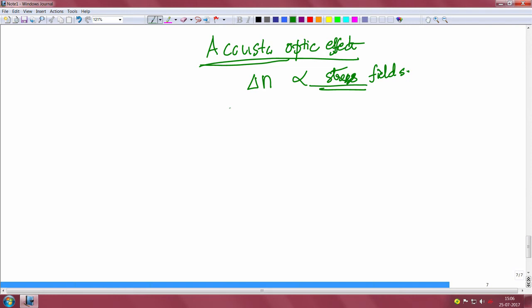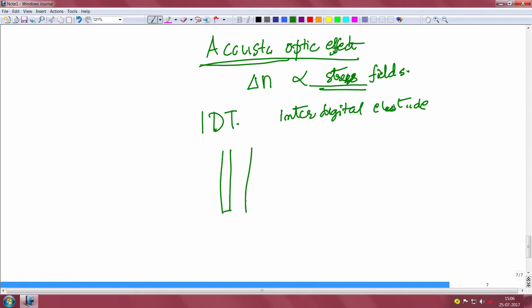One of the important ways that is done in acousto-optic devices is to use what is called an IDT pattern, an interdigitated electrode pattern. A typical interdigital electrode looks as follows. You have a combination of high and low voltages like this.